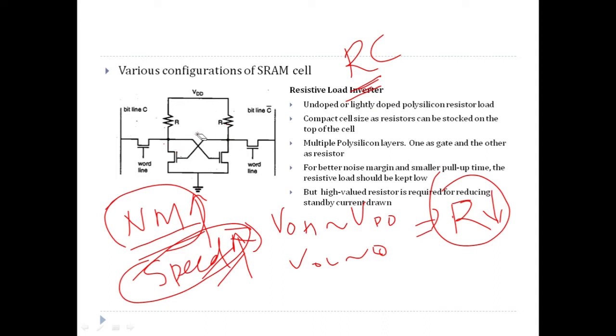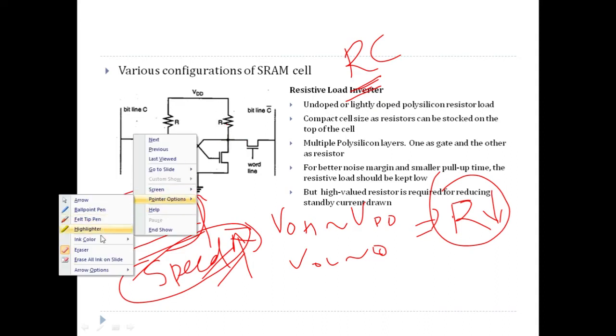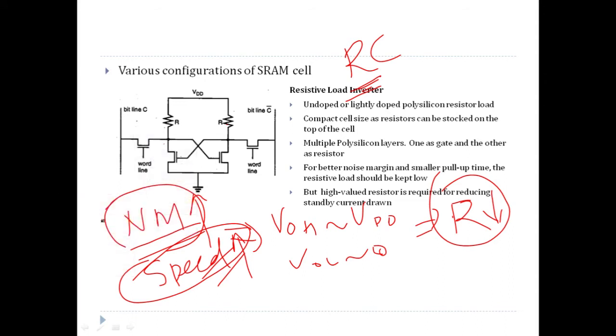Okay, so let's talk about the standby power. The cell will be either storing 1 or 0. Let's assume it is storing 1, right? If it is storing 1, that means the gate of this transistor is pulled up, so it is on, and the gate of this transistor is pulled low, so it is off.